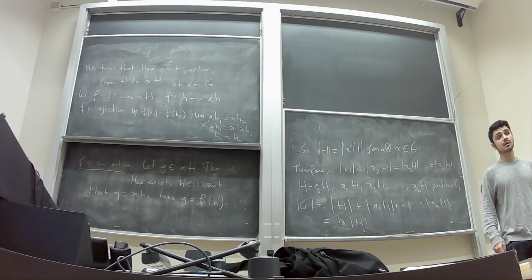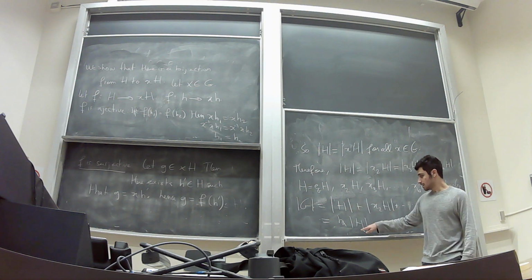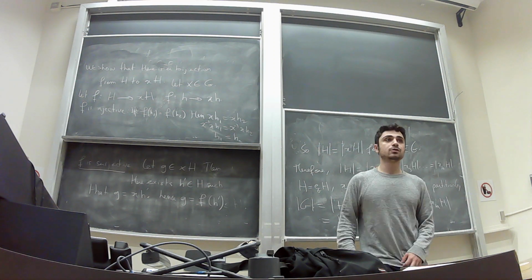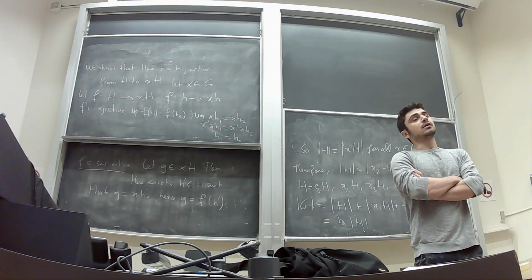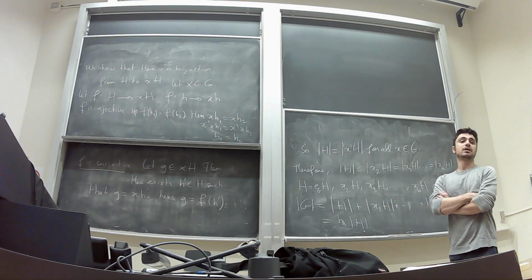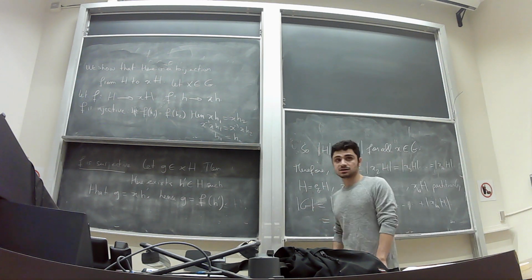Why is that result important? Very good question. If I tell you you have a group of order, let's say, 7, a group with size 7, could it have a subgroup of size 3? No, because the size of the subgroup must divide the size of the group.